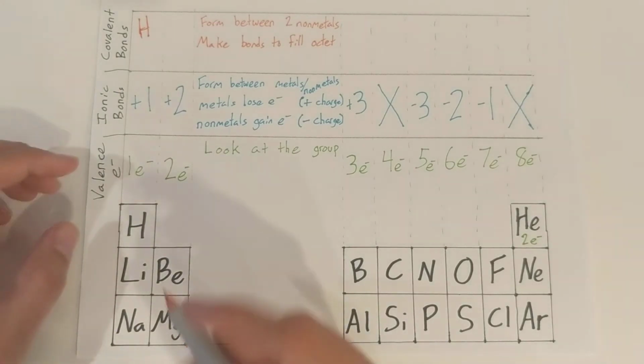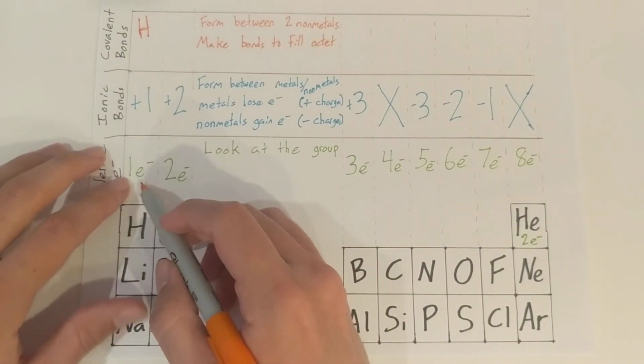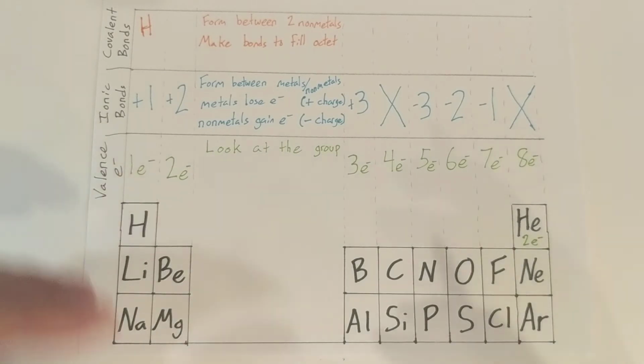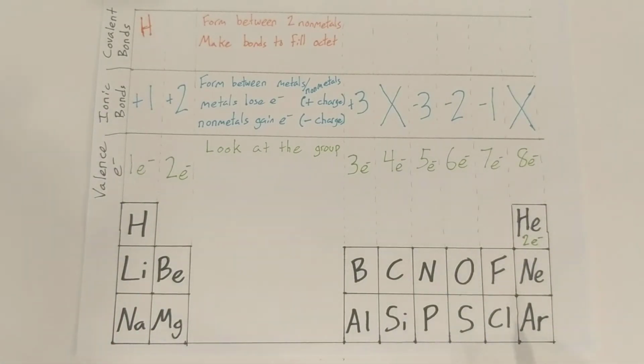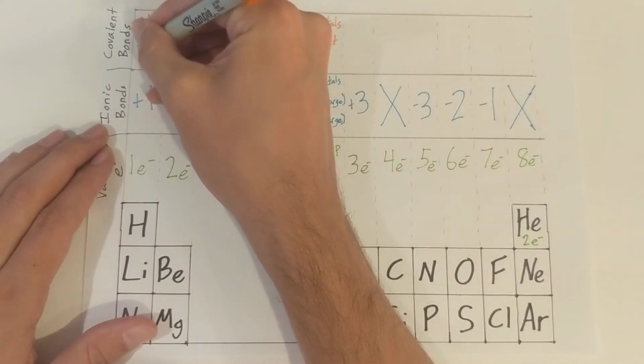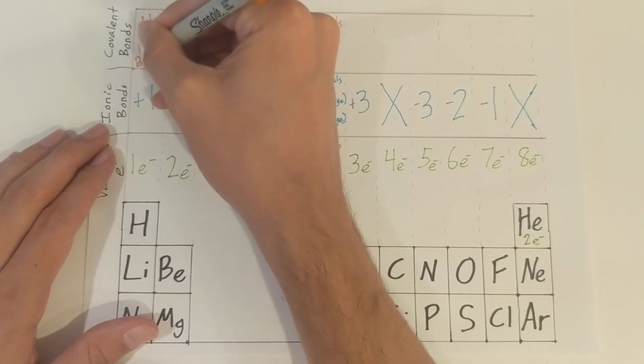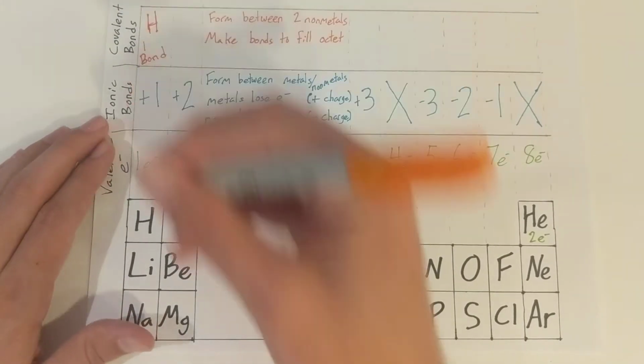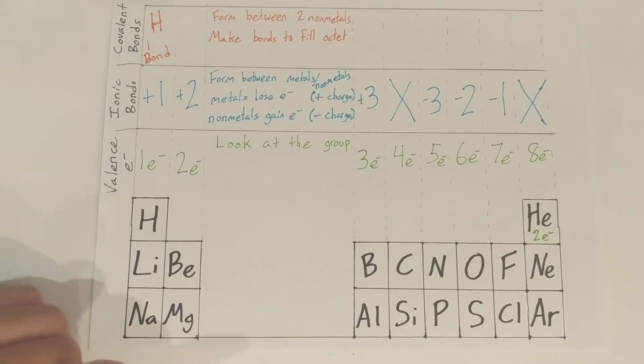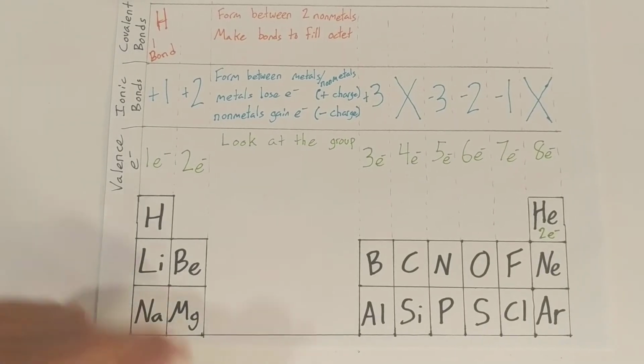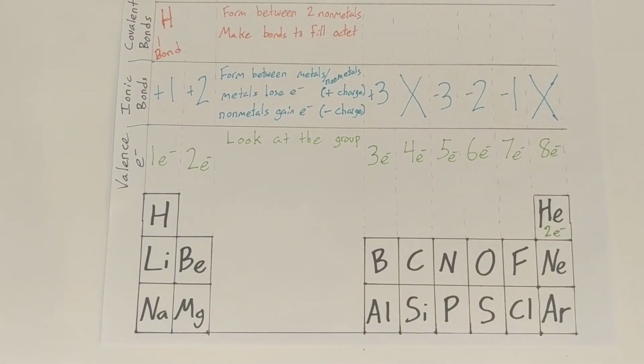And it has 1 valence electron. It wants 2. And remember, it makes as many bonds as it wants to fill that octet. So if it wants 1 electron, our hydrogen, we will find, will always form only 1 bond. So hydrogen forms 1 bond.